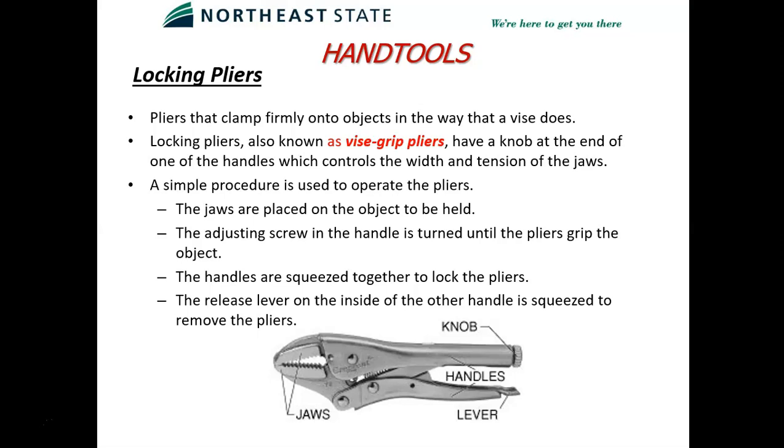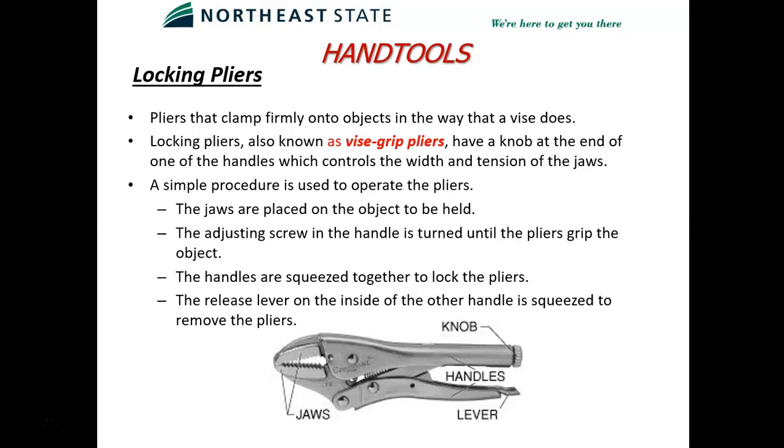So if you have an object that is maybe 1 inch in diameter that you want to grip, you need to loosen that knob in the counterclockwise direction, and it's going to open your jaws to about a 1 inch opening. Then you can clamp down on the 1 inch object, and you want just a little bit of pressure on it so that as you squeeze, it'll pop closed and hold itself there, and it'll actually lock onto it.